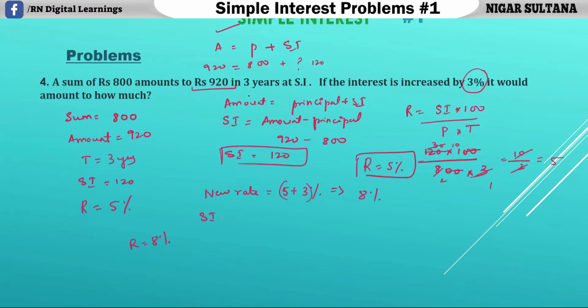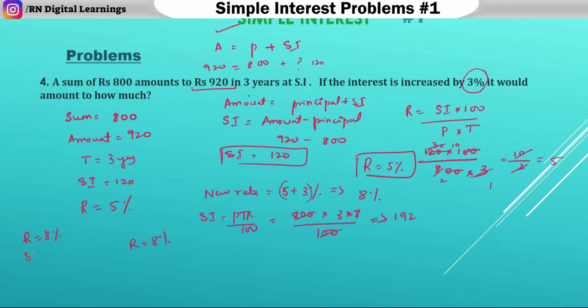Now simple interest is PTR by 100, principal is 800, time given is 3, rate of interest is 8% divided by 100. These 2 zeros get cancelled. 8 into 3 is 24, 24 into 8 is 192. So with my new rate of interest 8%, simple interest is 192.